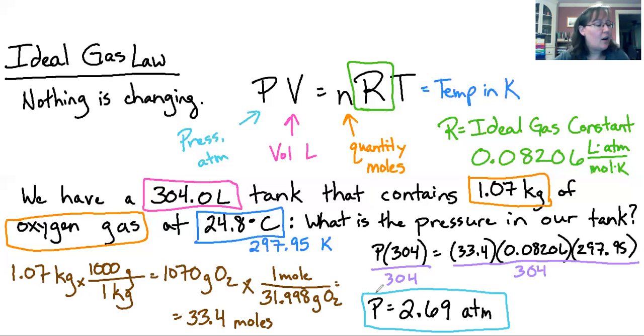So you can see that there are a lot of different pieces in this, okay? There's one more that we'll do, and that is the combined gas law. There's a couple more that we sometimes see, and I'm going to give them both to you here.